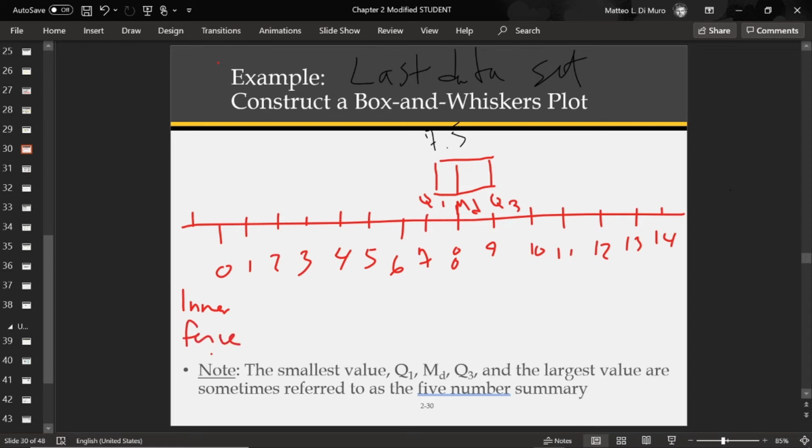So one of them is Q1 minus 1.5 times the IQR. Q1 is 7.5 minus 1.5 times the interquartile range. Remember, the interquartile range was 1.5.